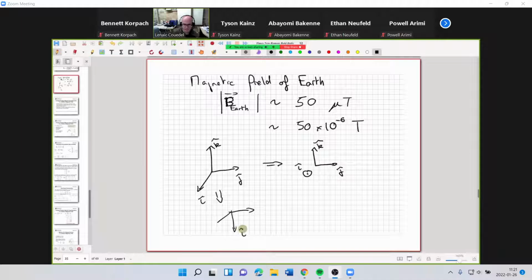i hat, j hat, k hat. Okay, I have just rotated that towards me. And now if I make it in 2D, that would be something like that. j hat, i hat, k hat. And this I can now rotate more like that.